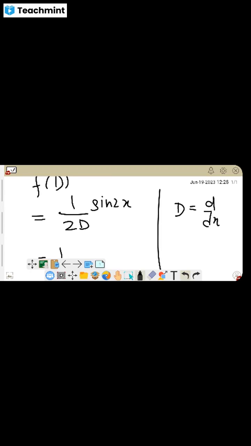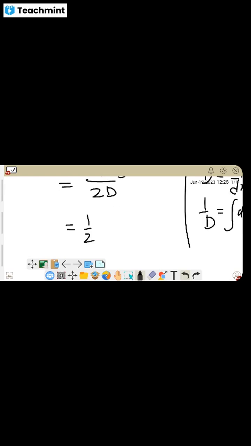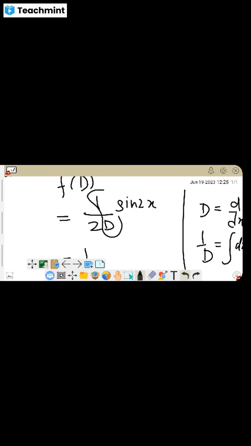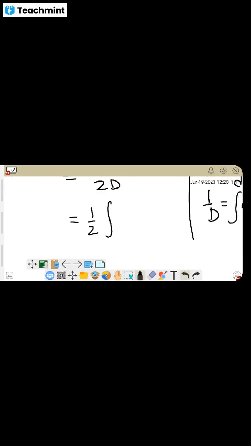So put this 1 by 2 outside, and then integrate this sine 2x dx.